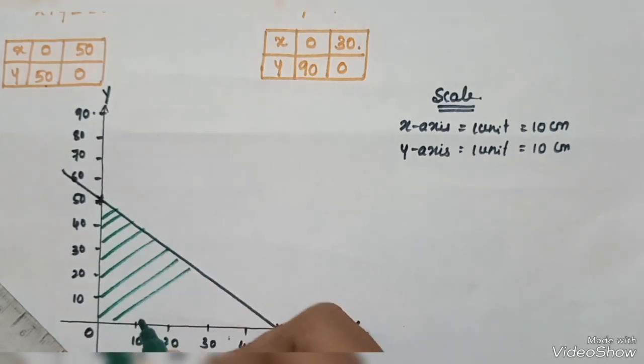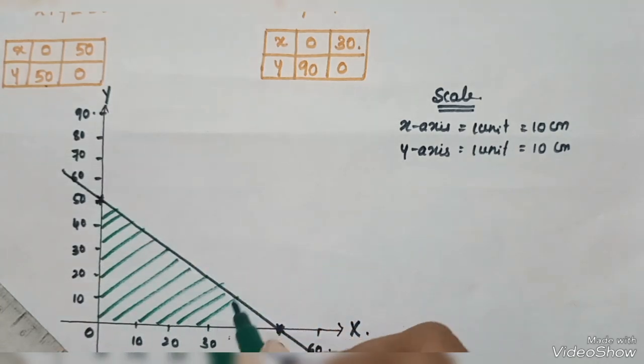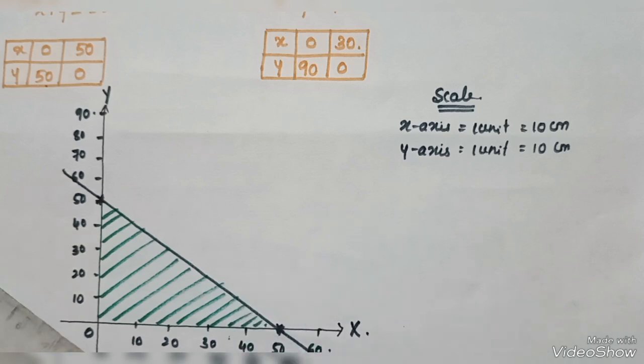For the first graph I have shaded the region, because then there is no confusion for us.